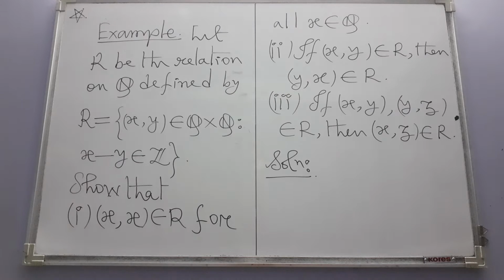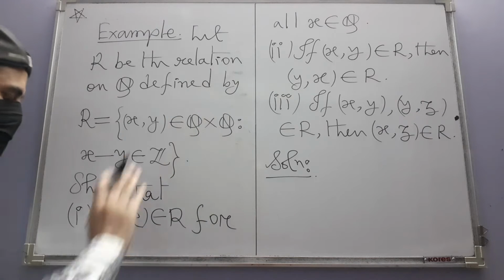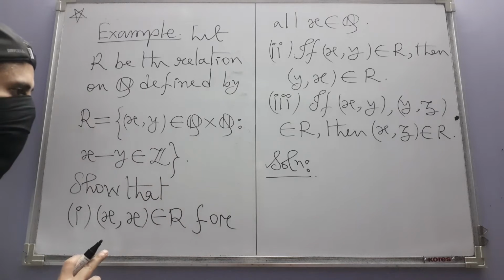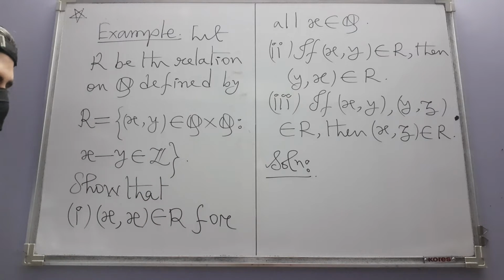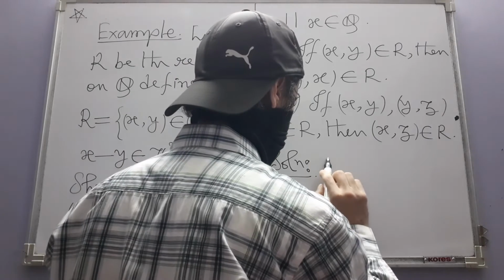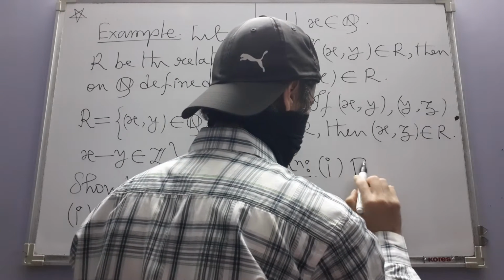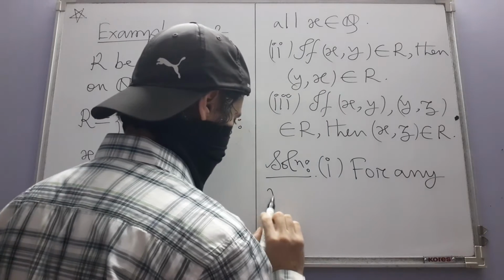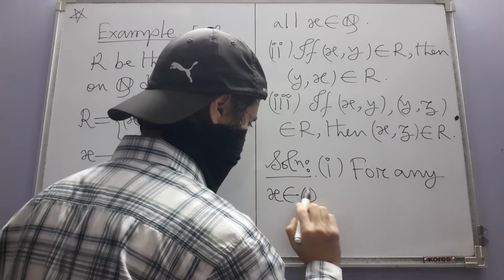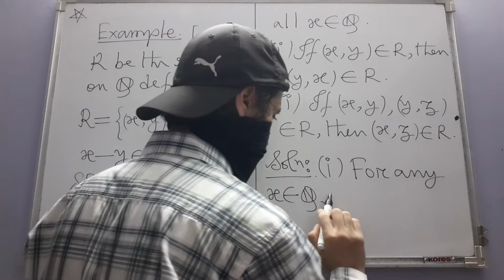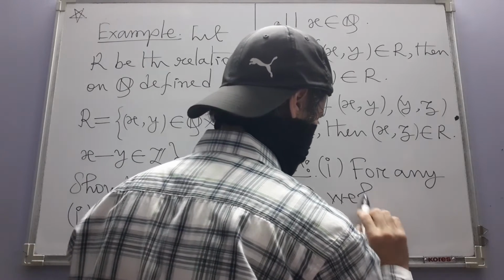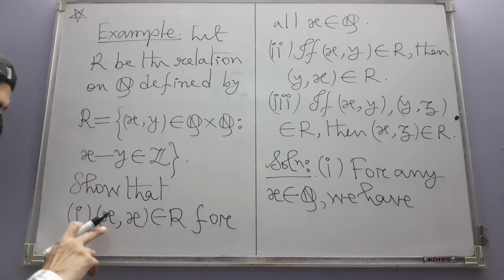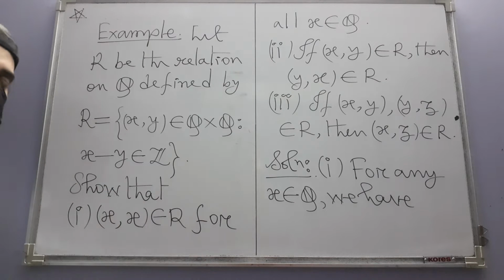So first we have to show that for any rational number x, this ordered pair belongs to R. But that's rather easy. For any x in Q, all we have to check is the difference of x and itself.